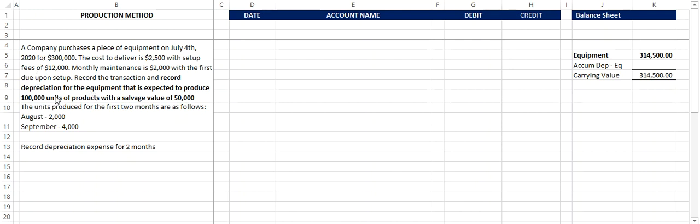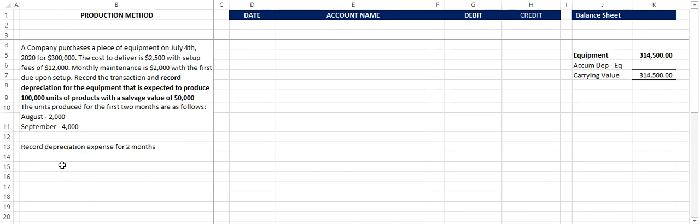And this time we're going to record the depreciation expense for equipment that is expected to produce 100,000 units of products, with a salvage value, or in the book they call it residual value, of $50,000. The units produced for the first 2 months are as follows. In August, 2,000 units were produced. In September, 4,000 units were produced. Record depreciation expense for the first 2 months.